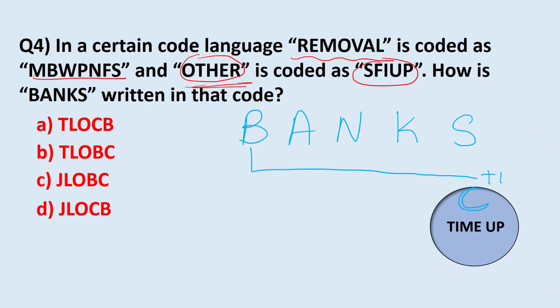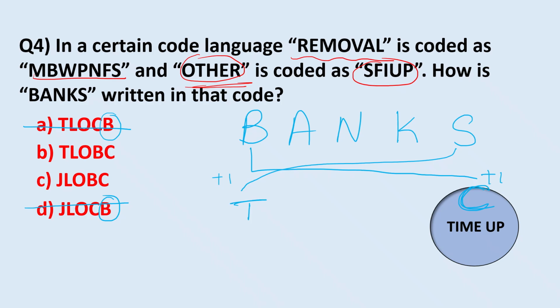C. Correct? So option A is eliminated because here it is B. Option D is eliminated because here it is B. Now S plus 1 I will do. S plus 1 will give me what? T. Correct?